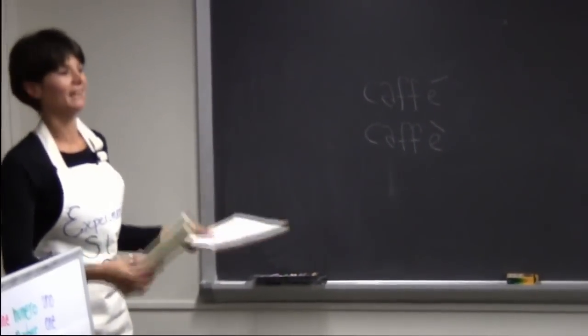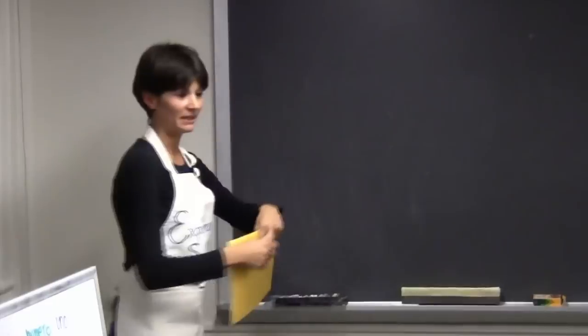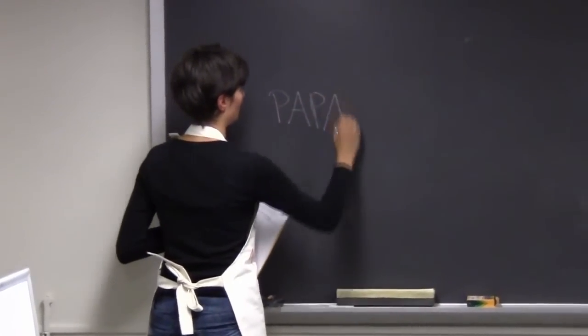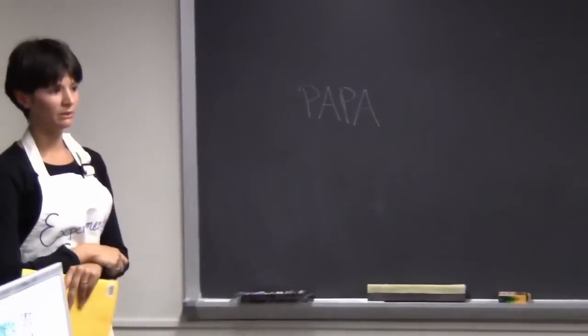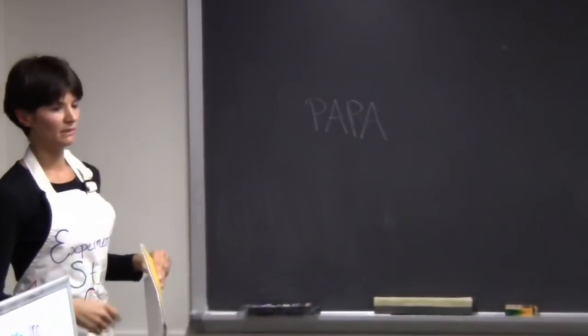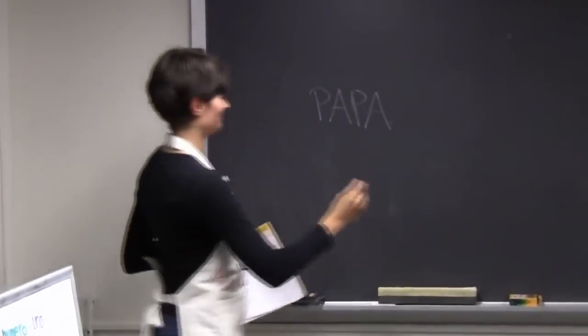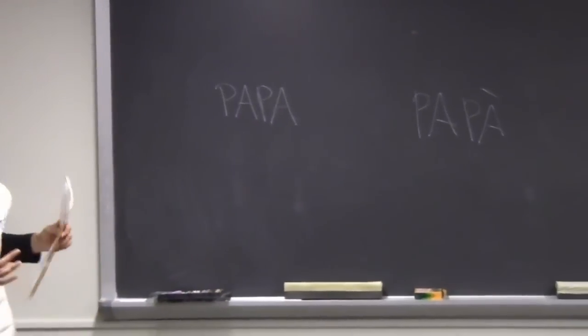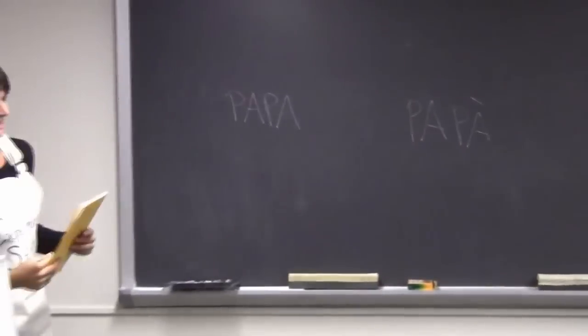It doesn't exist. So, for example, if you say Papa without an accent, it means the Pope. Okay? If you write Papà, that means dad. So there is a huge difference between the Pope and your dad.